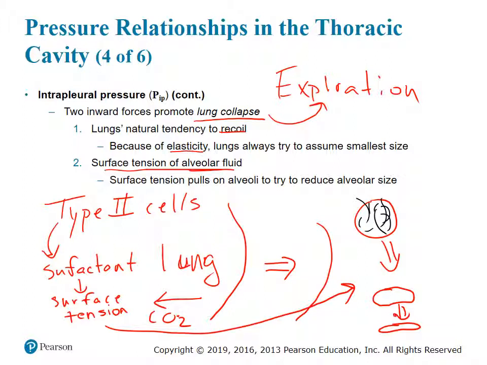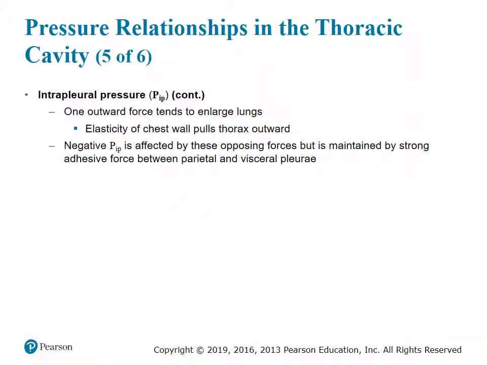So the elastic fibers surrounding the alveoli and the type 2 cells secreting the surfactant that adds to surface tension promote the collapse, or the alveoli getting smaller. This is how we blow out carbon dioxide, which is easy to do. It's harder to inspire, take in air, than it is to blow out carbon dioxide.